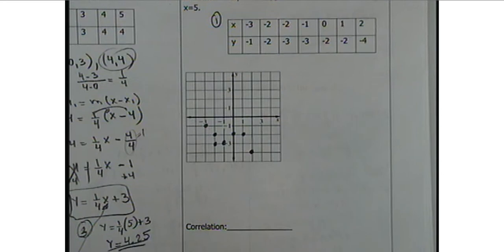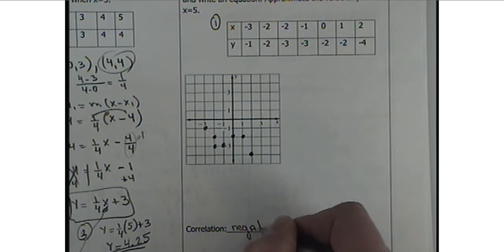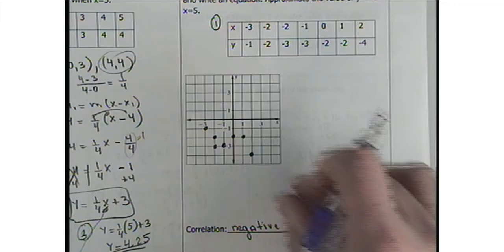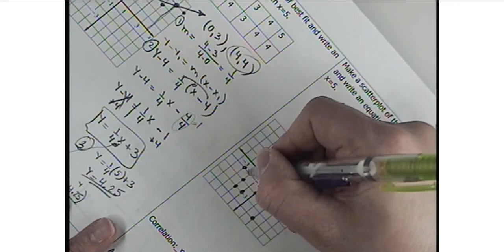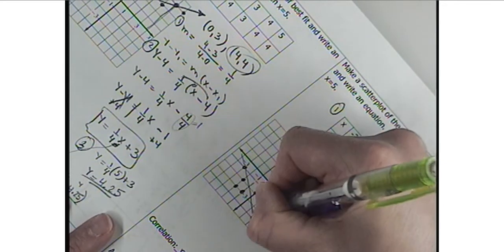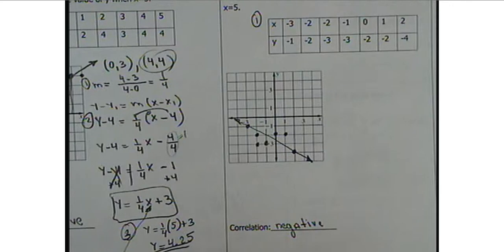We do have correlation. The correlation will be negative. You can tell all the points are going down from left to right. So the best fit line here will go through, I would say, those 2 points. So that's kind of in the middle of the data.